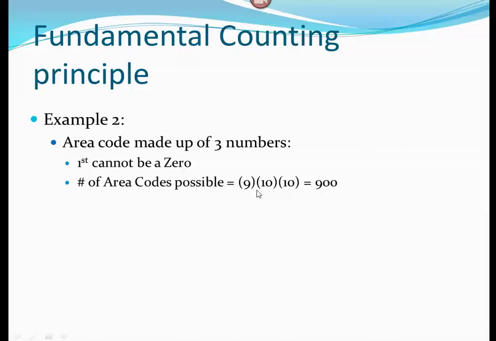So that leaves us with 9 other possible fill-ins for this space. Then we have 10 possible fill-ins for the next space, 10 possible fill-ins for the next space. And so what we see is there is 900 different area codes possible with a 3-digit number where the first number cannot be a zero. This also is the fundamental counting principle here at work.